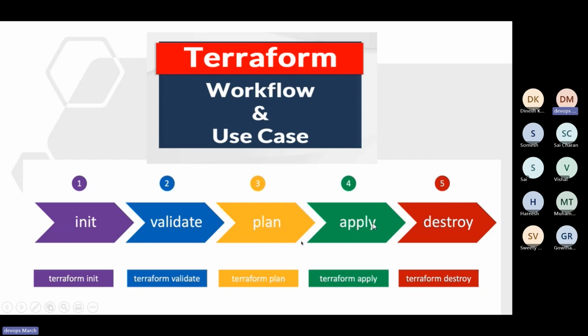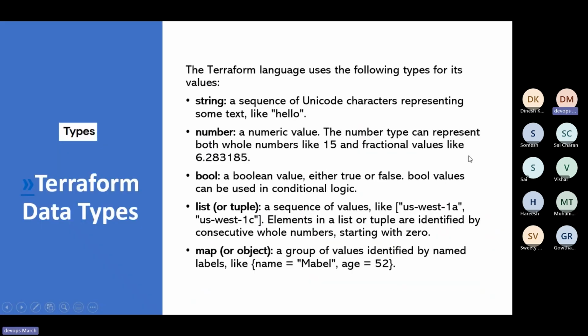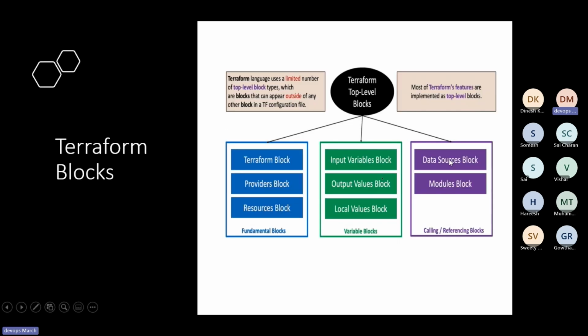Again, this is just the workflow that I want to explain. And these are some data types. Please ignore them, it is very early to understand what these data types are. But today we'll do some small examples, and that will make you understand how easy Terraform is with the help of these data types.